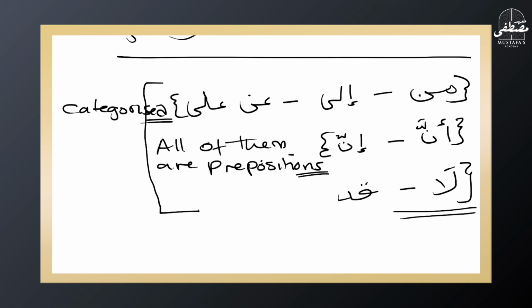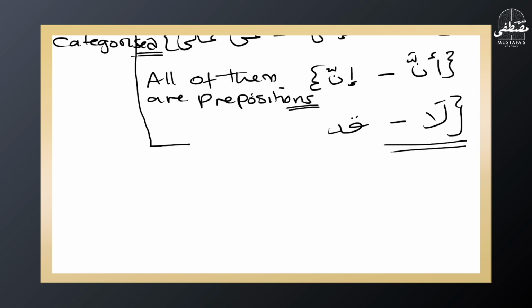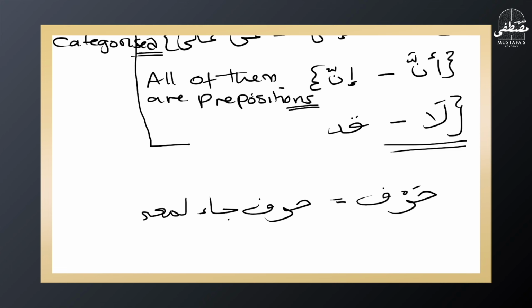Now look, when it comes to prepositions, look at min, ila, an, ala. Now, what does a preposition mean in Arabic? You call it harf, okay? Now, one of the main definitions says harfun ja'a li ma'nan, okay?